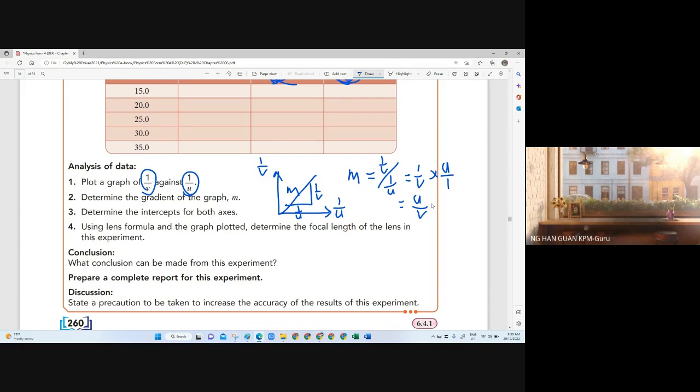When we go to the equation 1 over f equals 1 over u plus 1 over v, is it possible we get the u over v? So how do we relate these equations to our graph? Our graph is 1 over v against 1 over u.